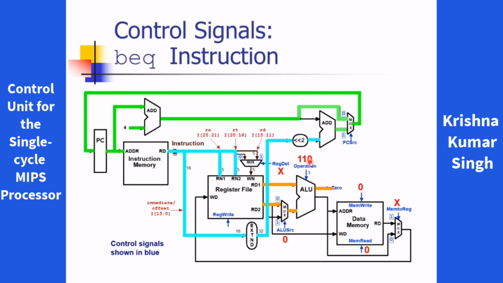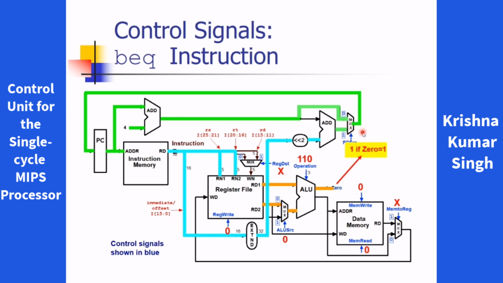We don't want to read from the memory or write into the memory, so both of them are 0. The memory to register is not used here, so don't care. The register destination is also don't care. We don't have anything to write into the register file, so put it to 0.